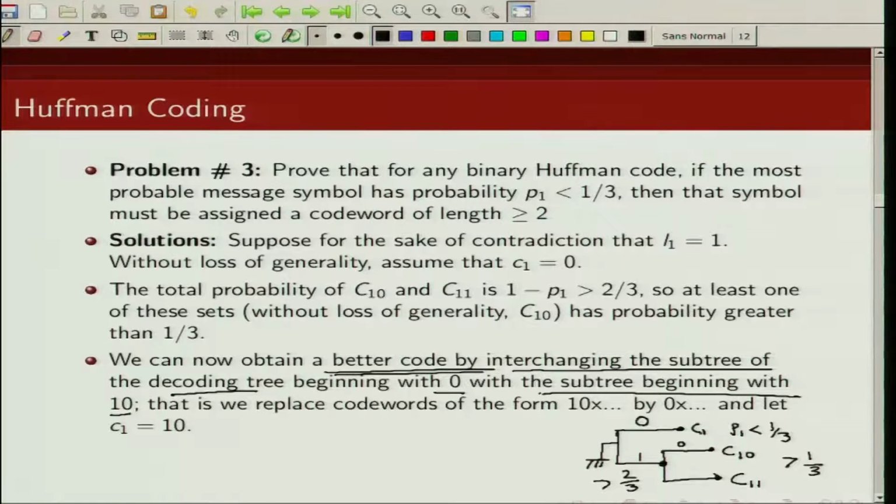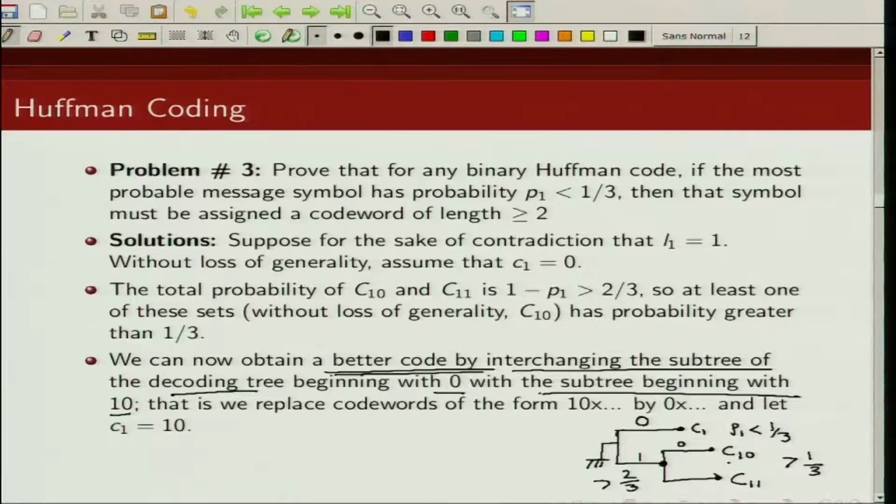So we can obtain a better code by interchanging the subtree beginning with 0 with the subtree beginning with 10. Why? Because one of these nodes has probability greater than 1/3, whereas this one has probability less than 1/3. So if we do this interchanging, we are reducing the expected code word length.